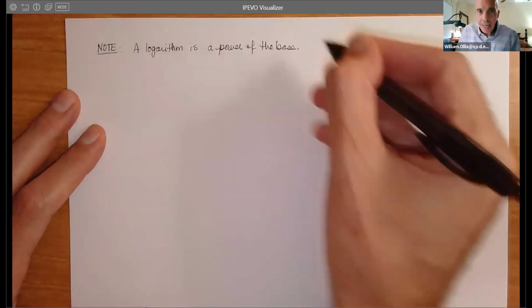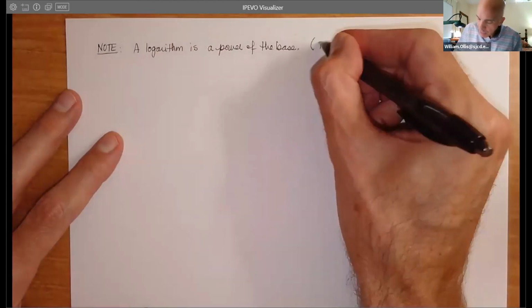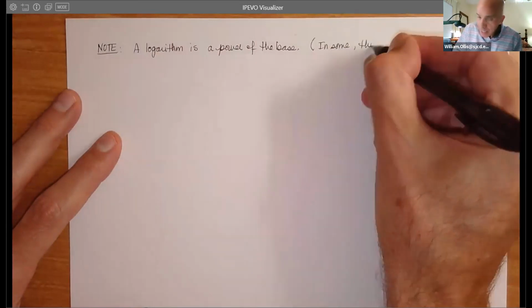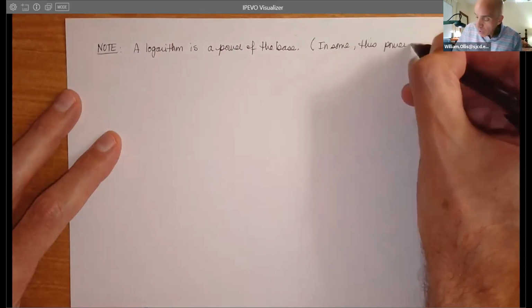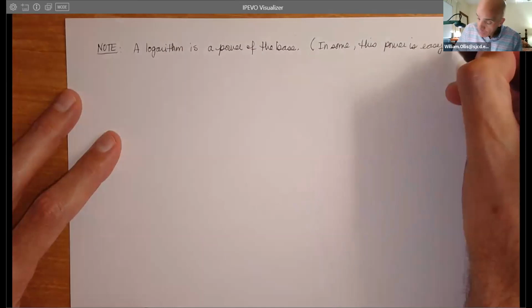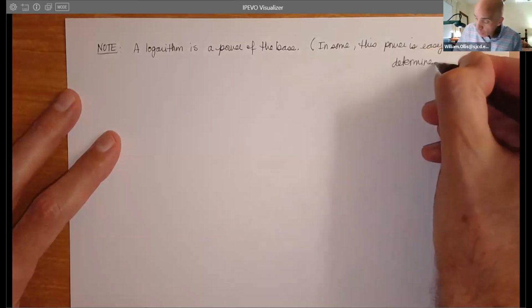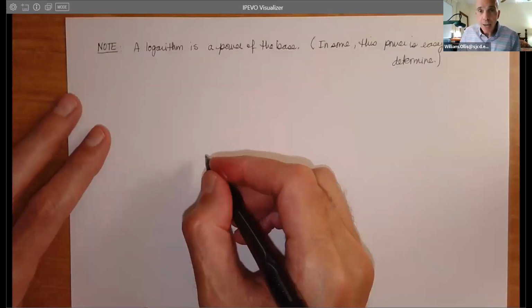In some cases, this power is easy to determine. We can always figure out where it lives, and then we can use our calculus to approximate it with the Google calculator. But in a lot of cases, it's easy to determine because the input is simple.